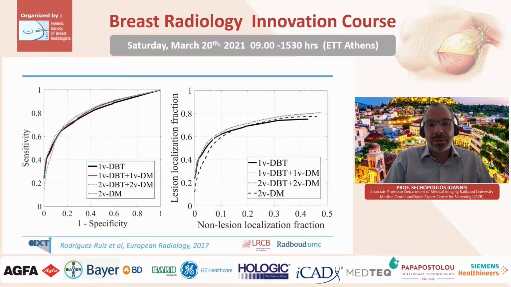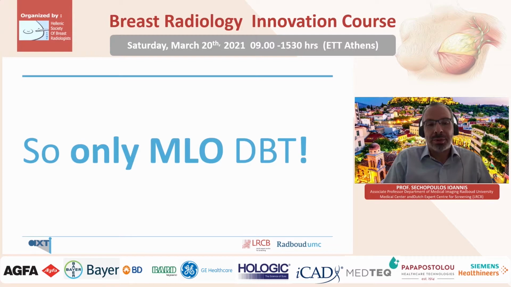And what we found is, again, that one view tomo gives you enough performance, and the addition of additional views, either mammography or tomosynthesis, didn't improve performance any further. So one proposal is, we could read only MLO tomosynthesis in screening, and that would be enough, and it would actually improve upon mammography screening only.